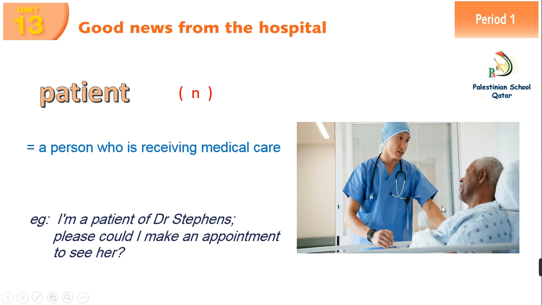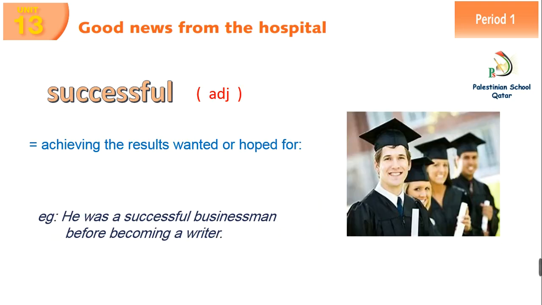Patient, as you look here or see in the picture, patient, a person who is receiving medical care. For example, I am a patient of Dr. Stevens. Please, could I make an appointment to see her? After patient, we have successful, adjective.